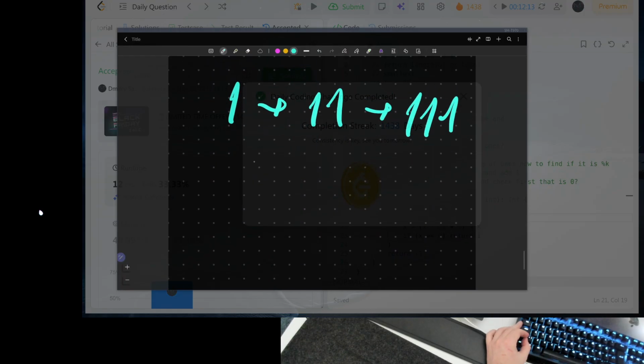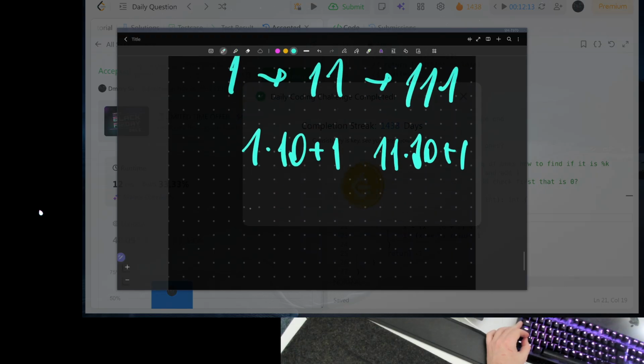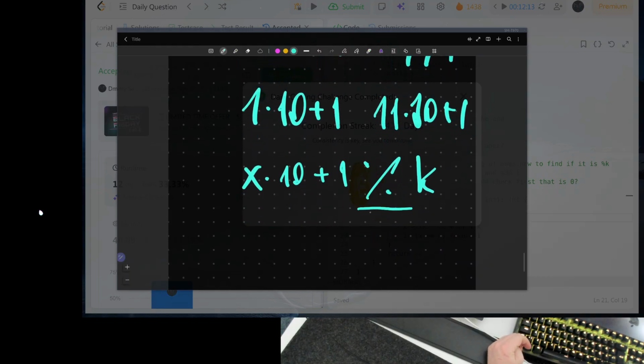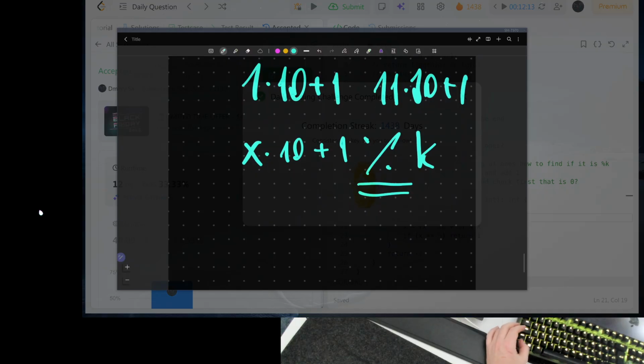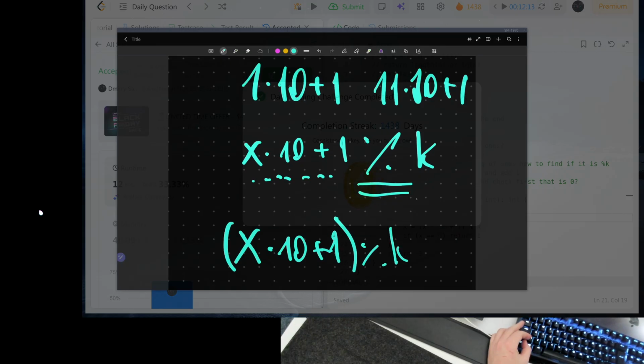To make this jump, we do the previous number times 10 plus 1, and then again times 10 plus 1, and so on. So we have a running operation: previous number times 10 plus 1. And then we check modulo k. The rule of the modulo operation tells us that we can skip calculating the actual exact value. We can just do x equals previous times 10 plus 1 modulo k.